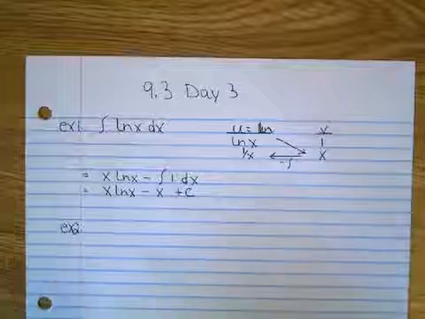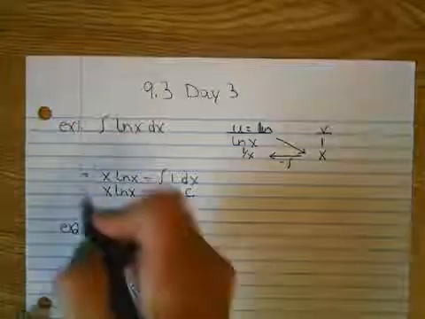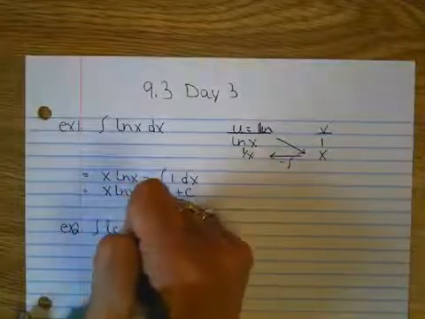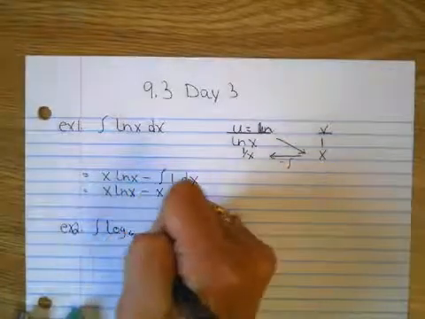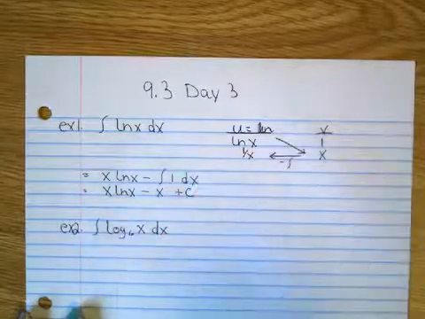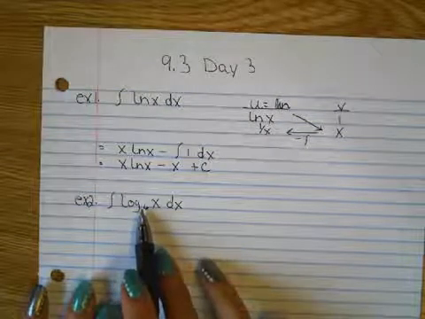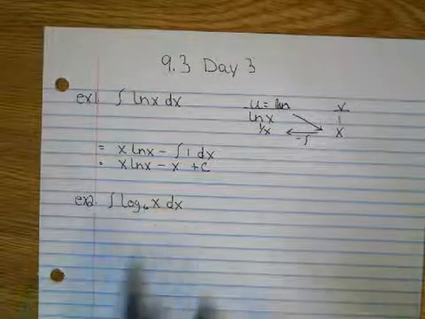Example 2, we are going to integrate log base 6 of x dx. First thing we're going to do is use our change of base to switch this into a natural log.